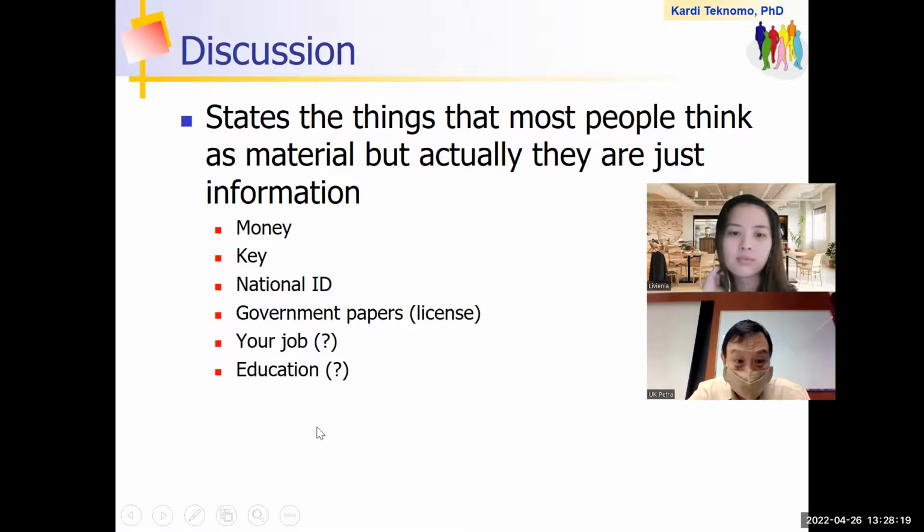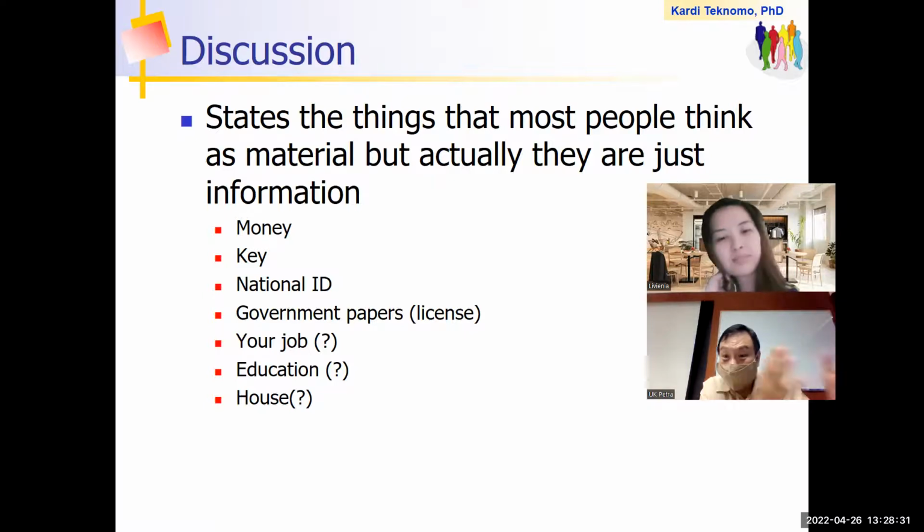I'll give you an example. House: material or information? Material, of course, right? But when you build a house, the construction worker needs to be there because they are delivering materials, right? But look, partially, yes, at this point.